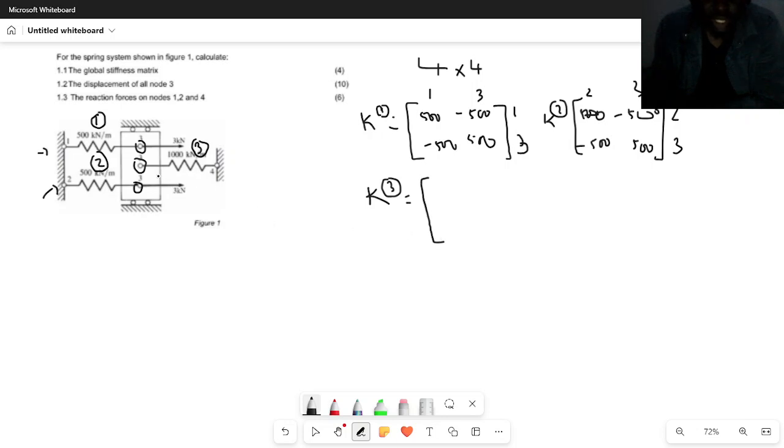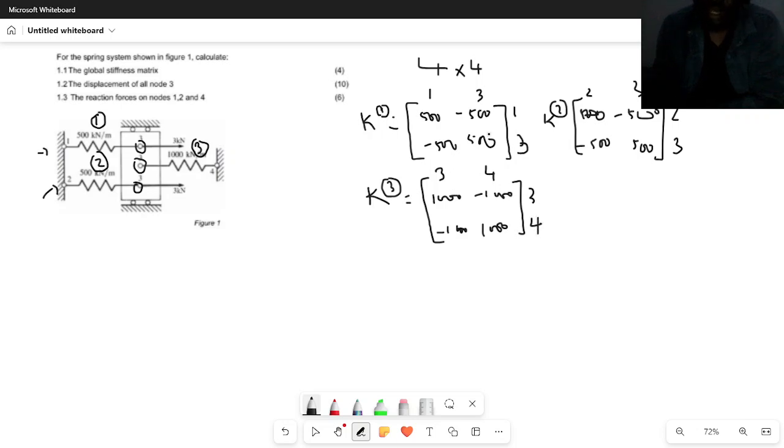The third one is between 3 and 4, so we write 3, 4. The value is 1000. You have 1000, 1000, minus 1000, minus 1000, 1000.